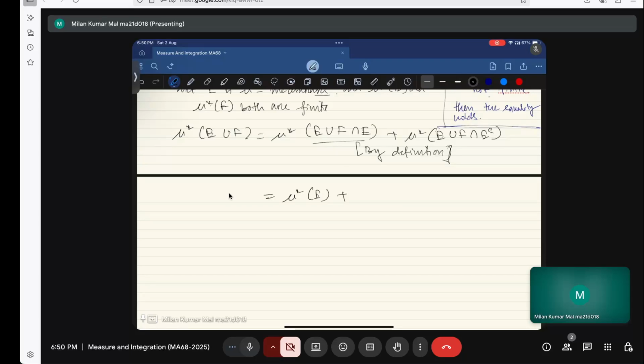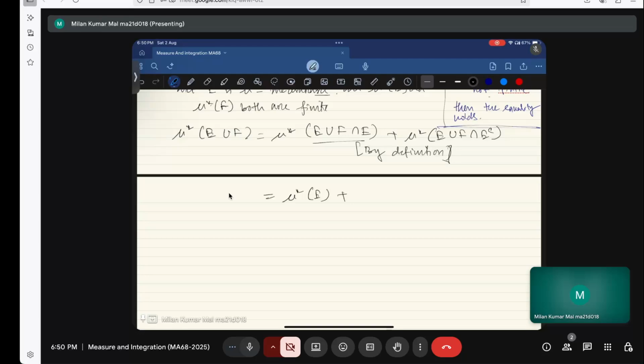so let's keep this one right now. Here it is E union F intersection E complement.